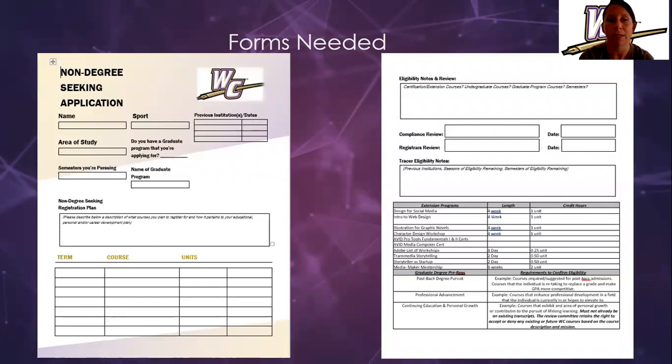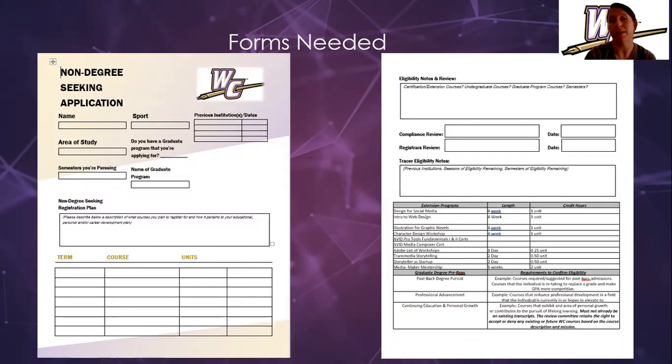So if you wanted to come back to Whittier, be enrolled in 6 units that are career progressing, that would be deeming you as what's called non-degree seeking. So you're not seeking a second major, you're not seeking a graduate or a master's program, you're just career progressing, non-degree seeking. So you would fill out this application, and this application would go for review from our department.